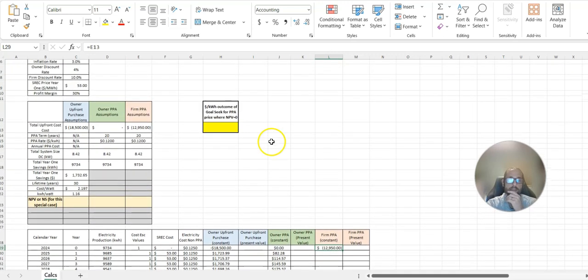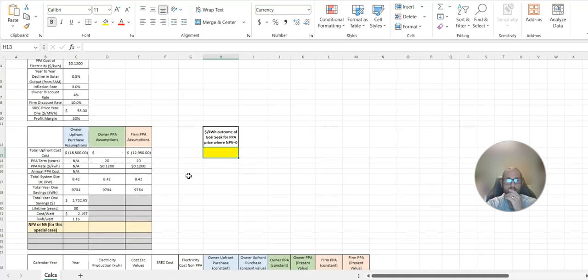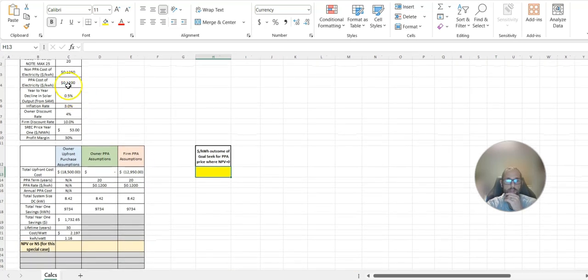Then you fill in the net present value for each scenario here, and then you do a goal seek to find the PPA price, which would be the price that makes the firm's net present value 0 under this last scenario.